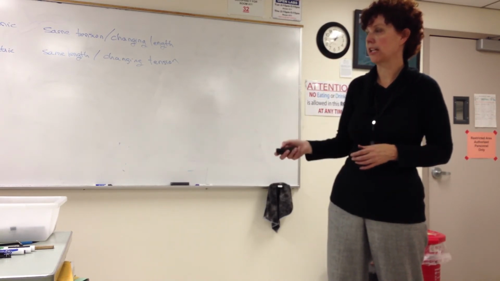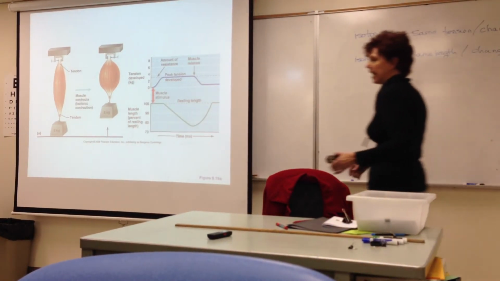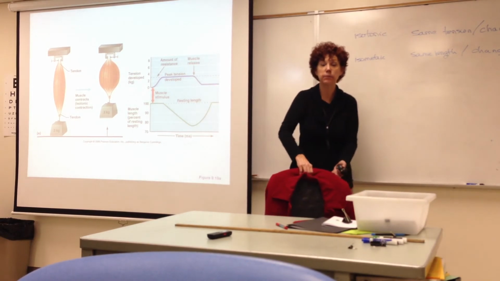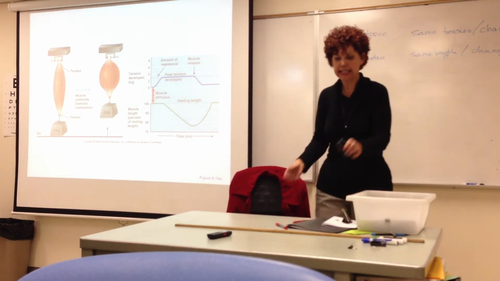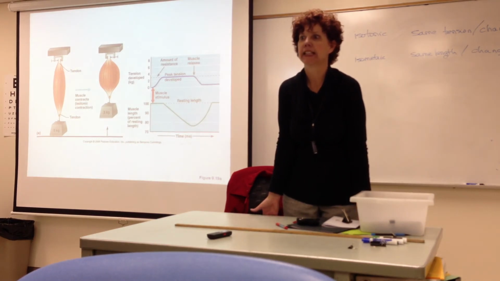So that's isotonic contraction. If, however, I increase the force without moving anything. So let's say I'm going to try to lift up this table. And I try, and it doesn't move. And I try harder by adding more myosin heads to the actin and it doesn't move. And I try even harder. What's happening to my tension?